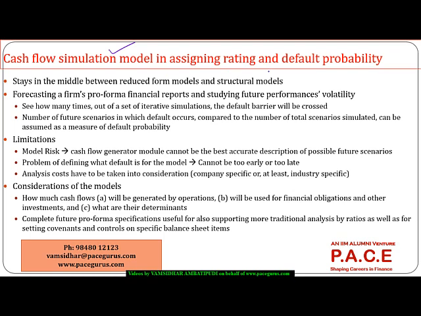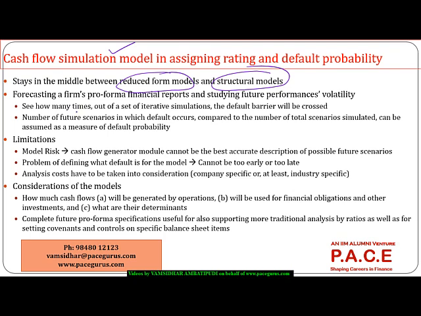So it's not a fully structural model which directly gives me the probability of default. It's also not a full-fledged reduced form model where I have decided all the variables that are going to influence default and then use a statistical procedure for it. It is somewhere in between.